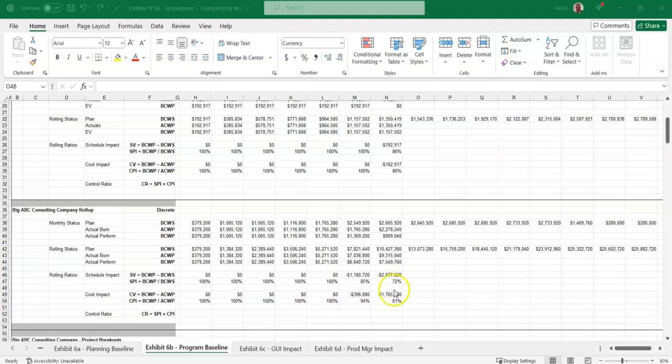So I hope this helps quite a bit on how to do Milestone 2 and get the learning value out of what it's trying to show us on how to track earned value actuals and how to measure SPI, CPI, schedule variance, and cost variance, one in dollars and one in percentage as an efficiency rating.